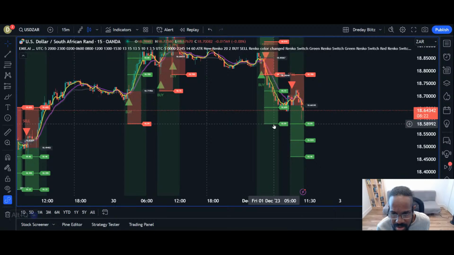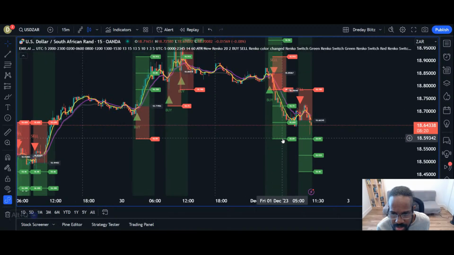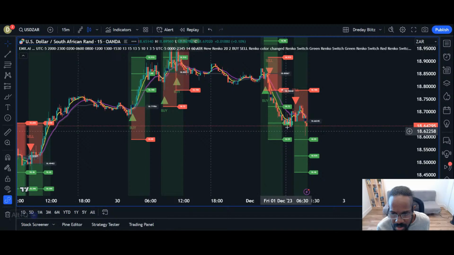So that means this current trade here, the first trade, would still be running, and maybe will hit TP3. It almost hit TP3 on the last candle, but now it's still pushing down.